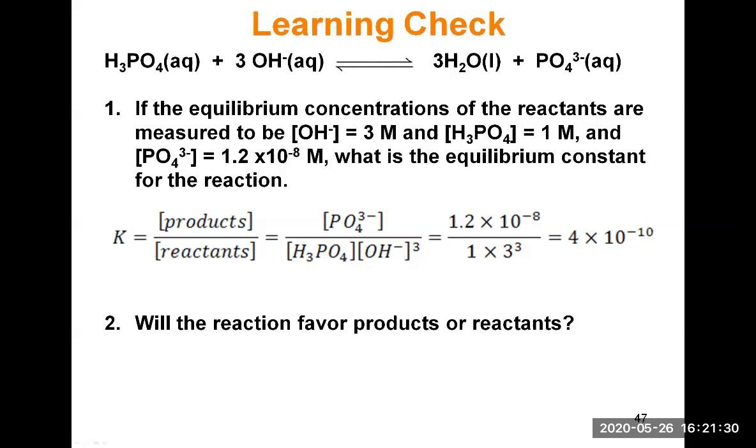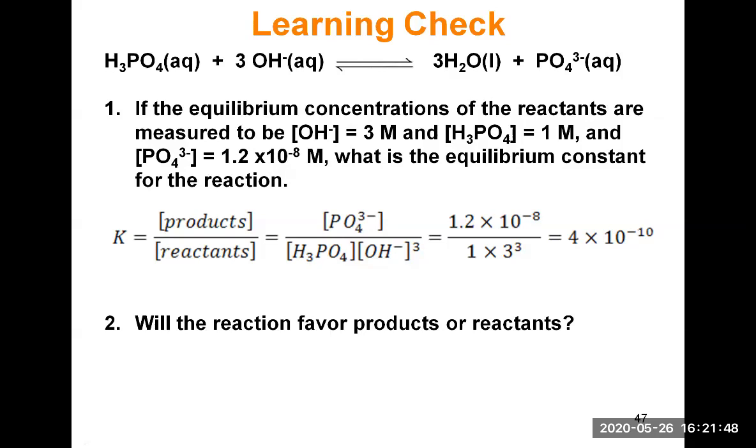So will the reaction favor products or reactant, given that value for K? So 4 times 10 to the negative 10 means you divide 4 ten times by 10. So it's a very, very small value, much smaller than 1.